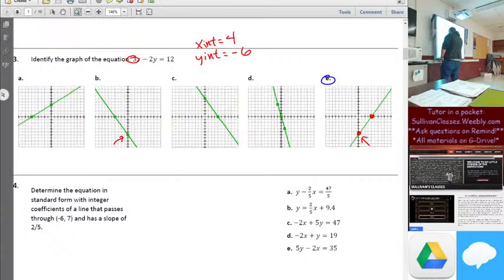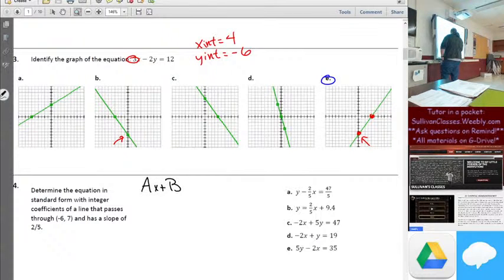Equation in standard form. What does standard form look like? No, that's slope-intercept form. And everyone thinks that because it's the one we use the most. There we go.